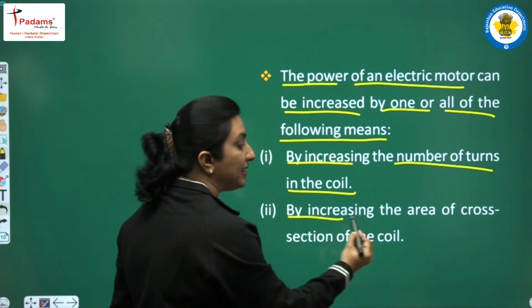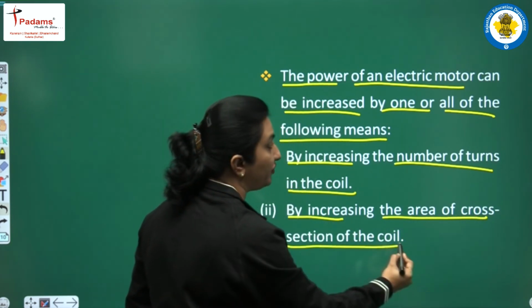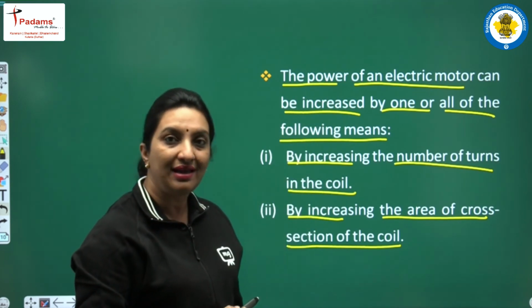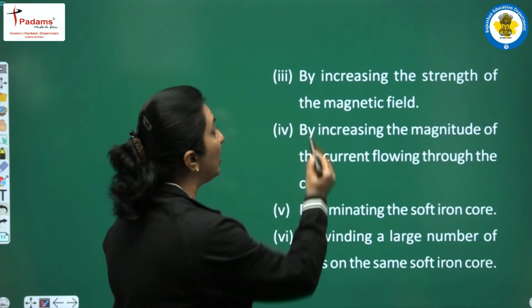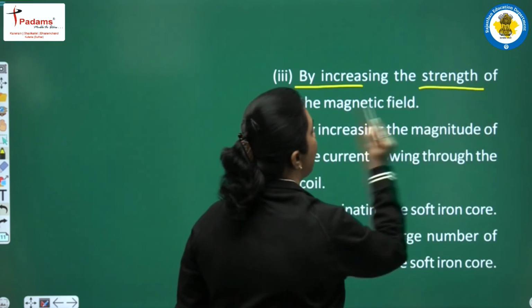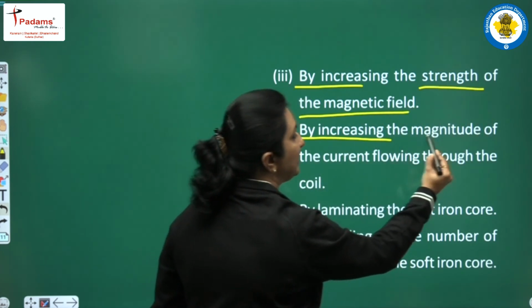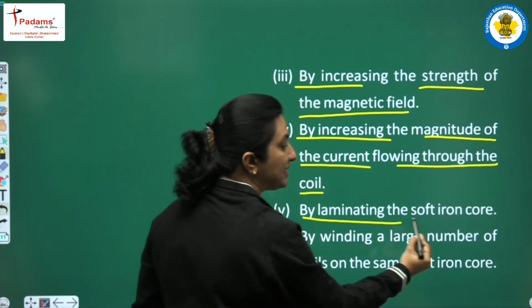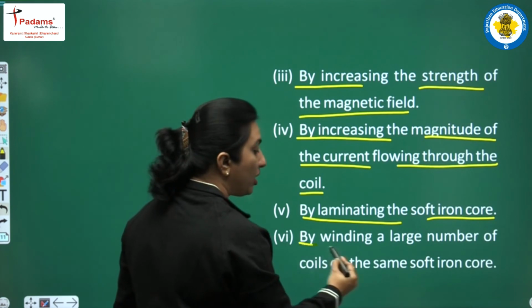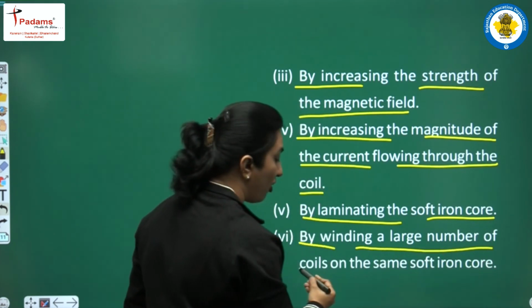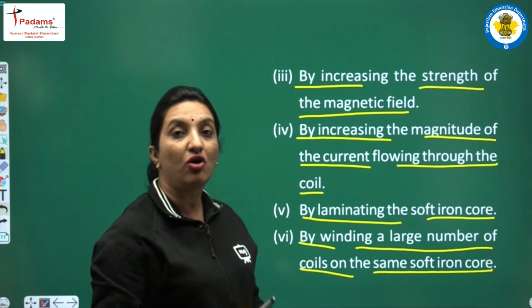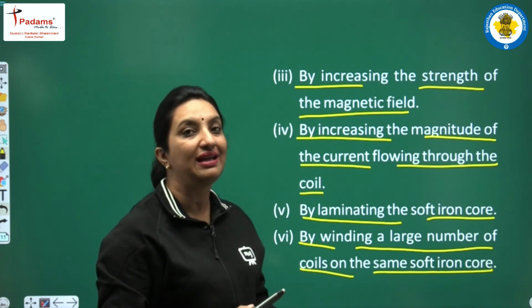Moreover, by increasing the area of cross section of the coil, the power of the electric motor can also be increased. Students, by increasing the strength of magnetic field, by increasing the magnitude of the current flowing through the coil, by laminating the soft iron core, or by winding a large number of coils on the same soft iron core, the power of the electric motor can be increased.